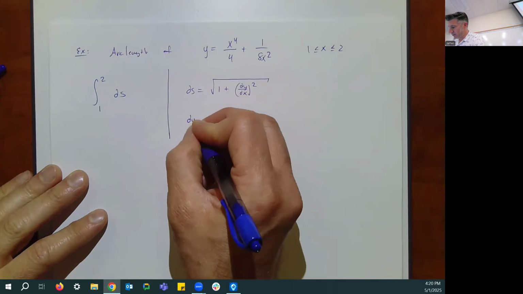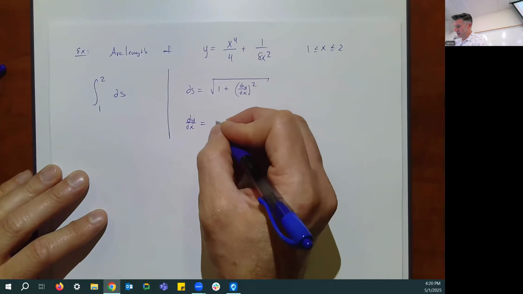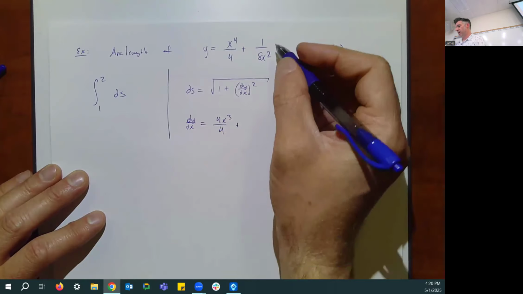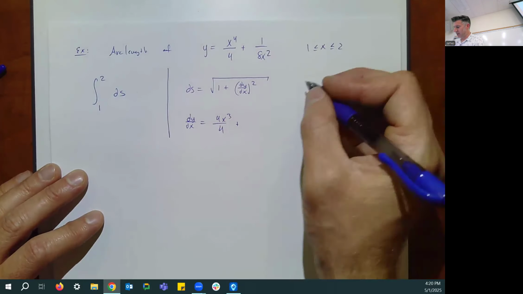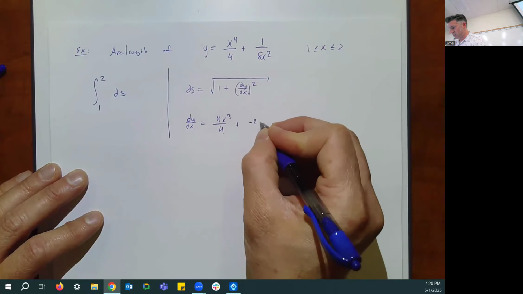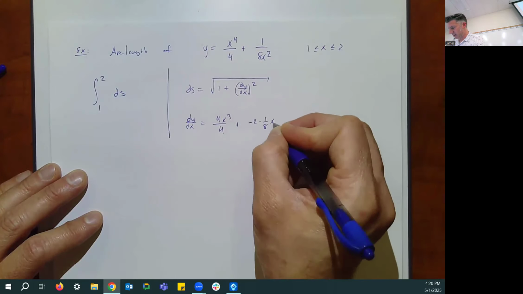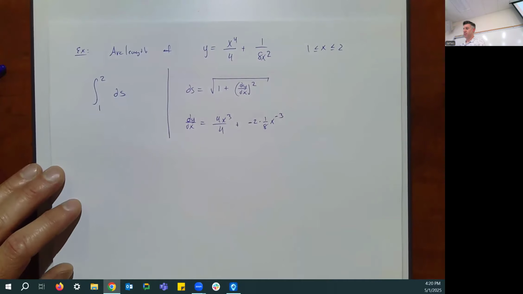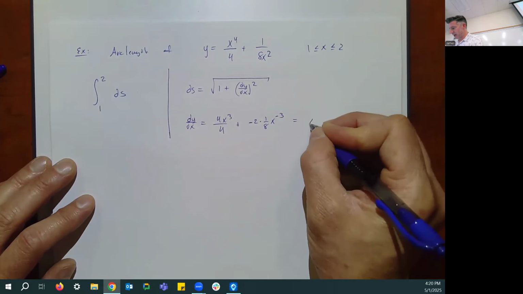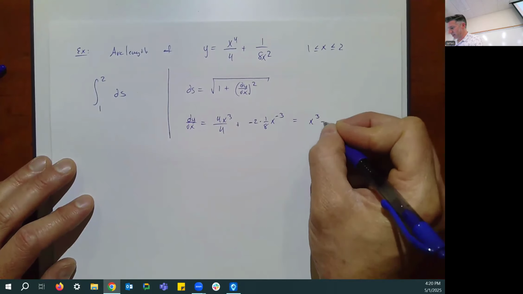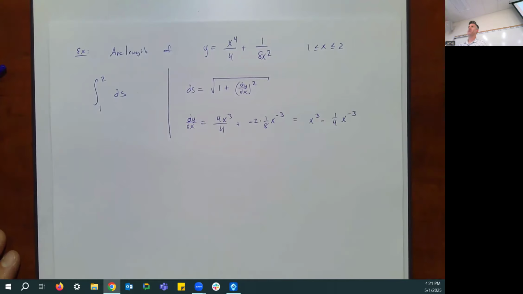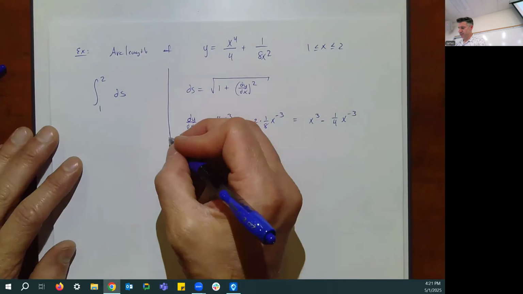My derivative is 4x cubed over 4 plus, that's a 1/8 x to the negative second, the derivative is minus 2 times 1/8 times x to the negative third. If I simplify this a little more, that's x to the third minus 1/4 x to the negative third. Now I'm going to square it.